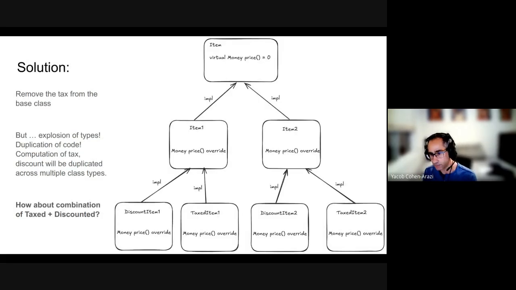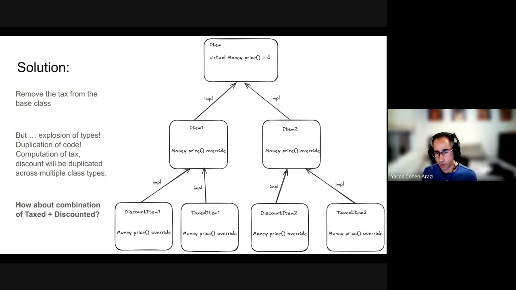One option: you remove the tax from the base class, and you start putting a middle hierarchy for these specific items. So item 1 and item 2, you can think of coffee and, I don't know, muffin, right? They are just different items, but they have price and tax, and some of them have discount.